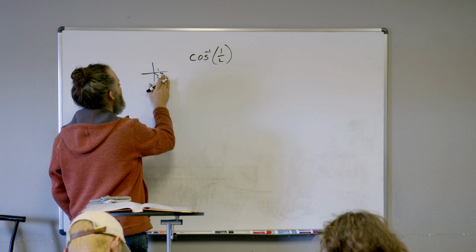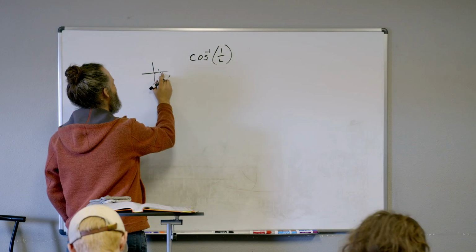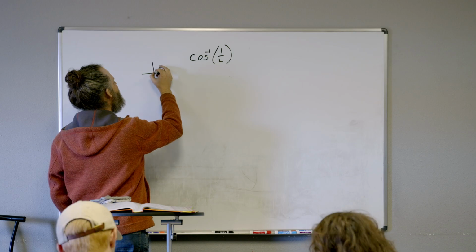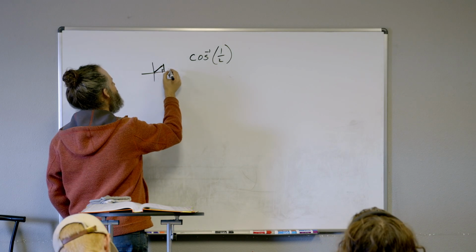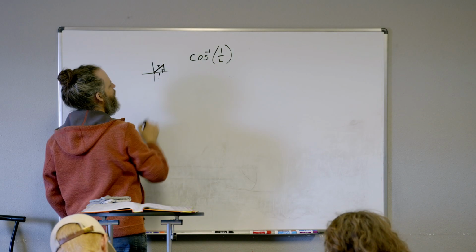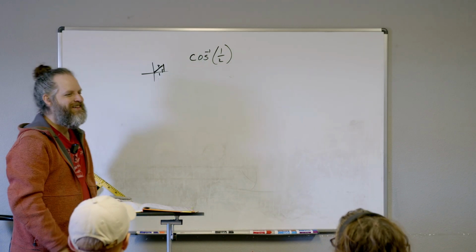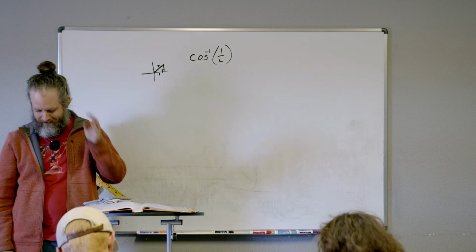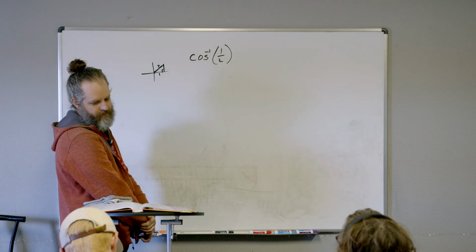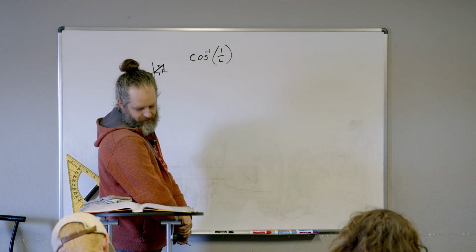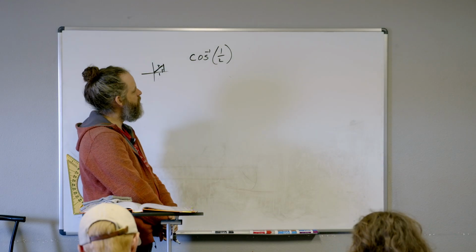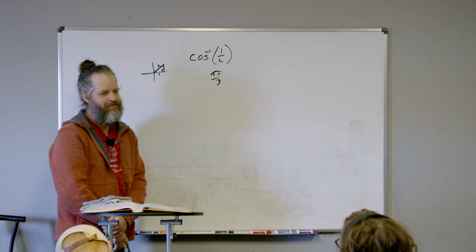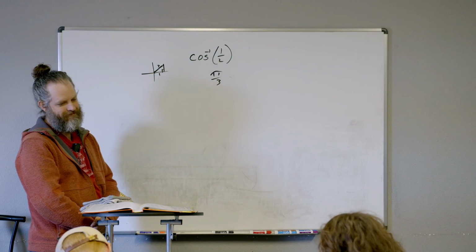I have no idea. I was just starting to label stuff, and then I kind of realized I was doing something weird. How about that? That seems a lot more reasonable. Where is the cosine 1/2? 60 degrees. Pi over 3. That's just the answer. Okay, overcomplicated it.